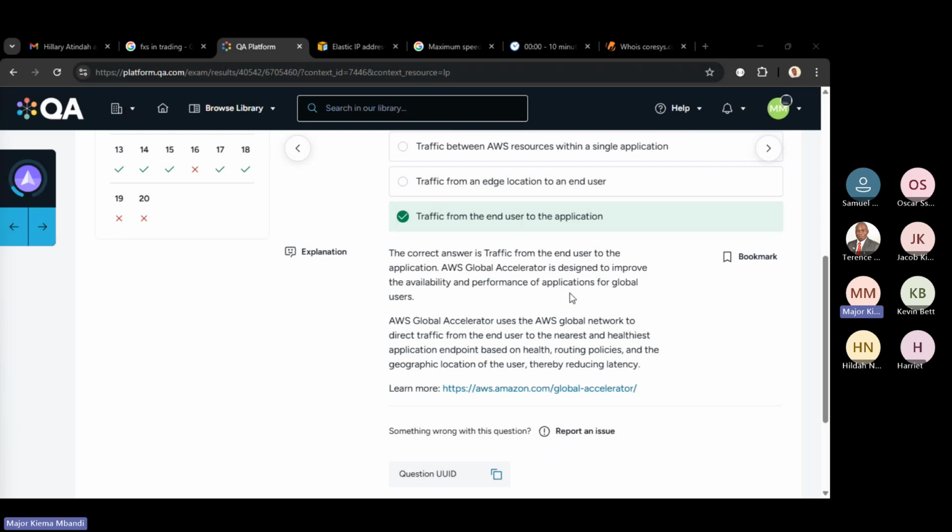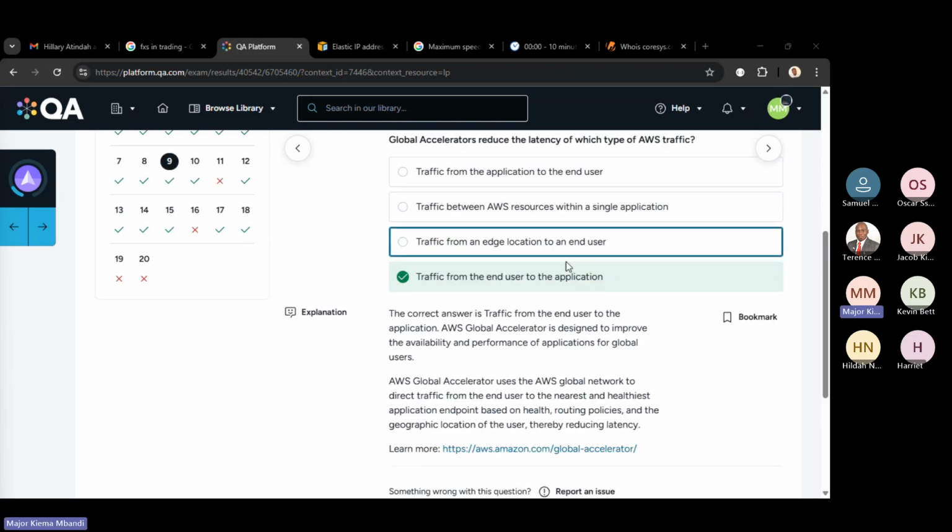They are both working towards improving latency, but this one uses the AWS private, high-speed links to accelerate the traffic to and from your application. And also remember, CloudFront still makes use of the AWS global network to route traffic to the edge locations. But the routing is not directly to the user; it goes to the edge location, and then the edge location serves the users.